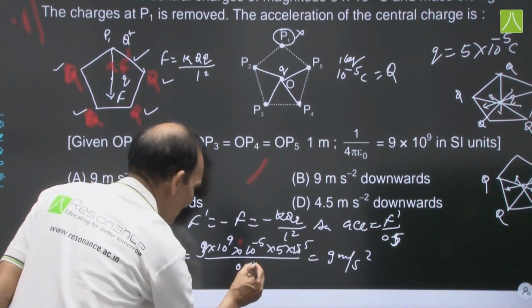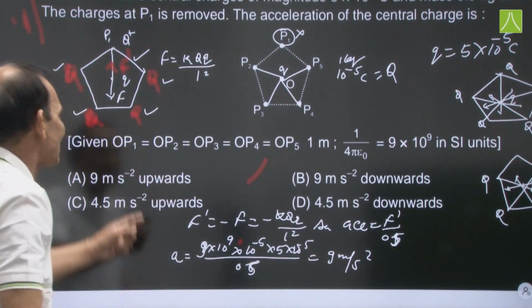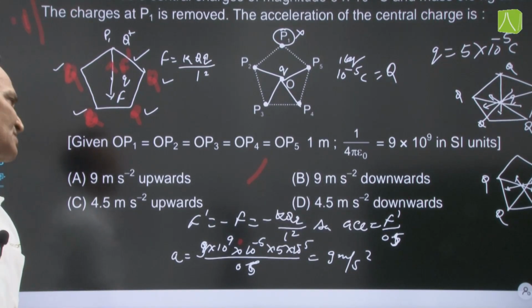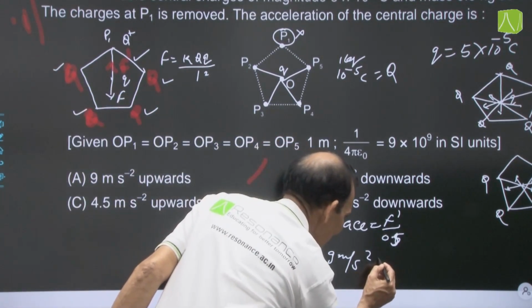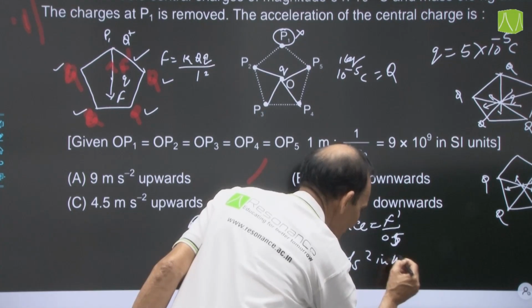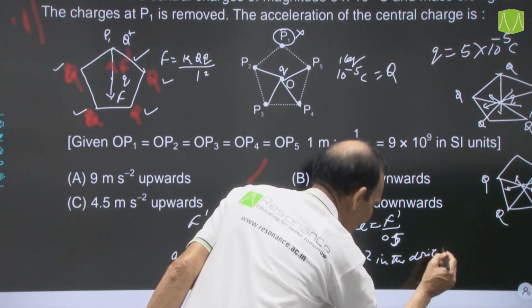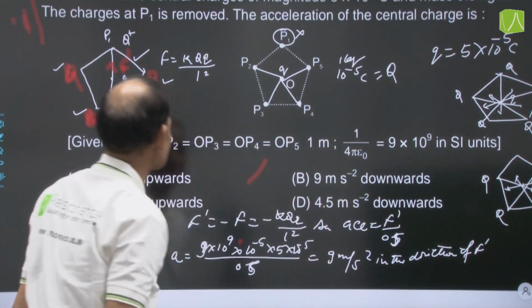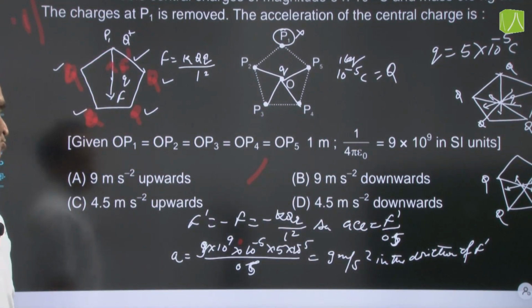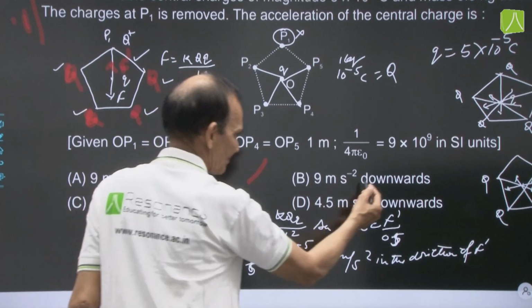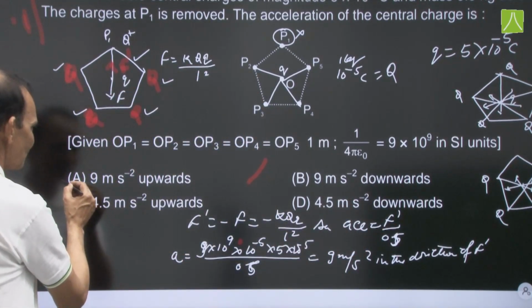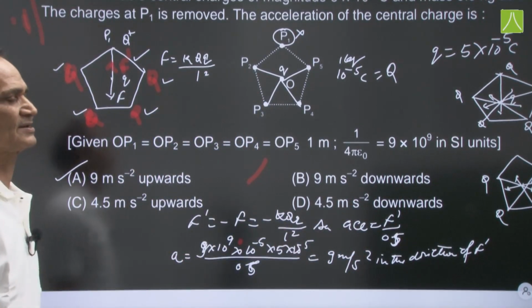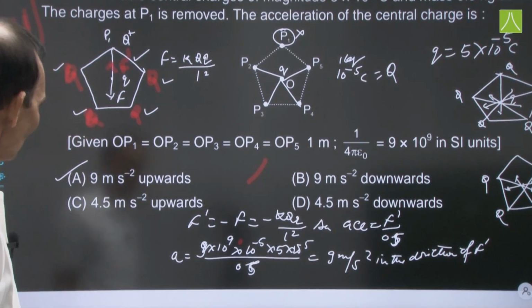In which direction? In the direction of F'. F' means upward direction. So the correct answer is 9 meter per second square, that is upward. It's the answer. Okay.